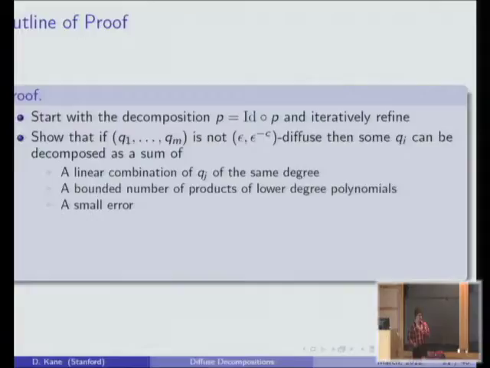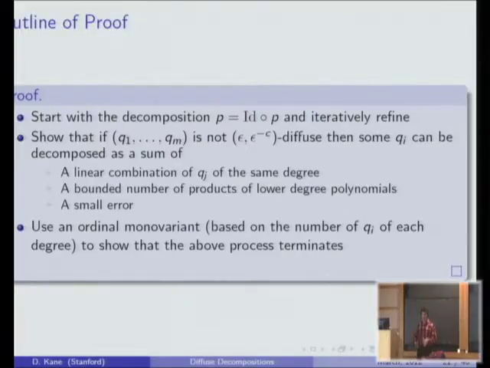The lower degree polynomials are completely new polynomials. And so the point here is that we iteratively keep applying this and getting better and better approximations. But it turns out that there's an ordinal number monovariant that keeps track of the number of Qi's of each of the degrees that actually shows that this process has to terminate. So eventually, we end up with this diffuse decomposition that we want.